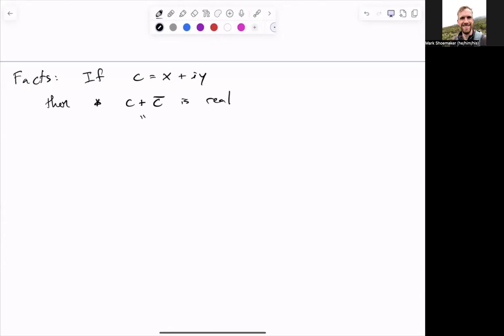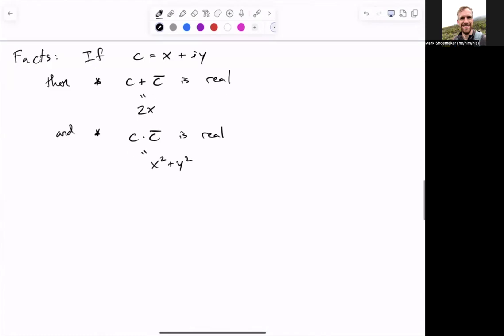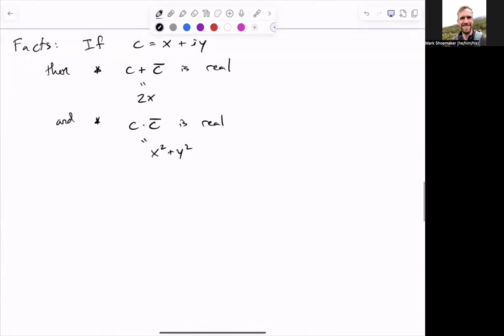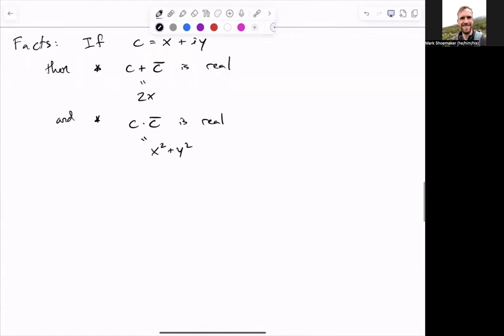Well, the imaginary parts cancel, so this is just 2x. And furthermore, C times C conjugate is real. You can compute that this is equal to the square of the modulus, or the square of the distance from the origin of C, which is just x squared plus y squared. So in fact, it's real and non-negative, but we won't use that.